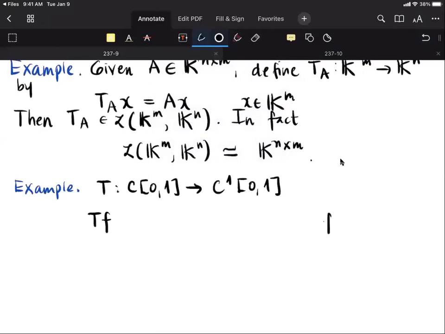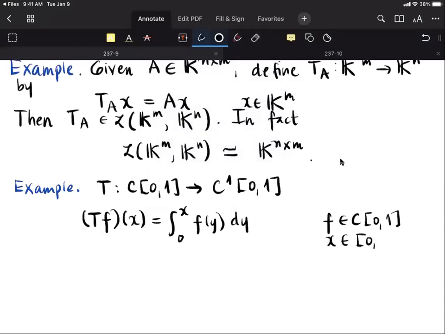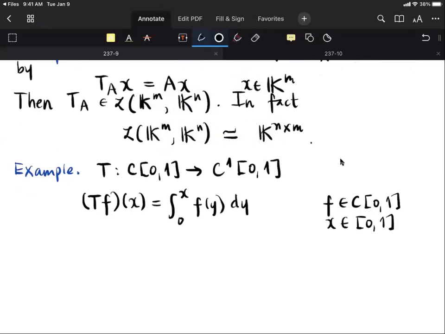So given a continuous function f, this must be again a function, and what is the action? Here you just take the integral from 0 to x of f. Of course, x here is in the closed interval. Then one can show that T is in fact a linear operator since the integral is linear, and it is also bounded.